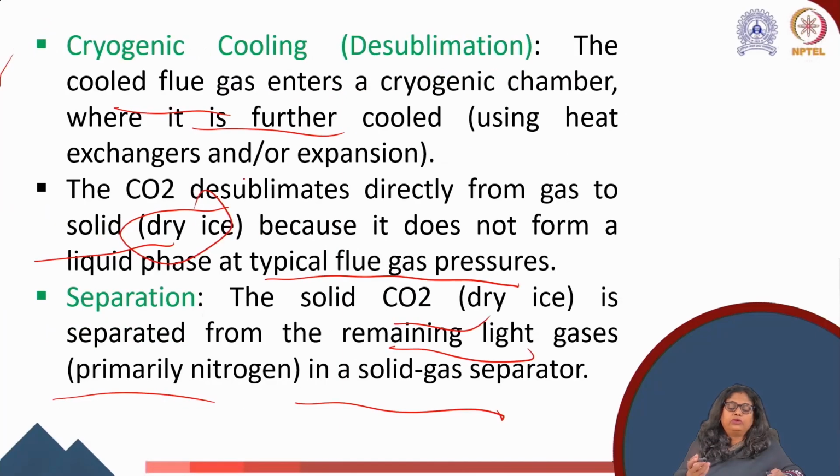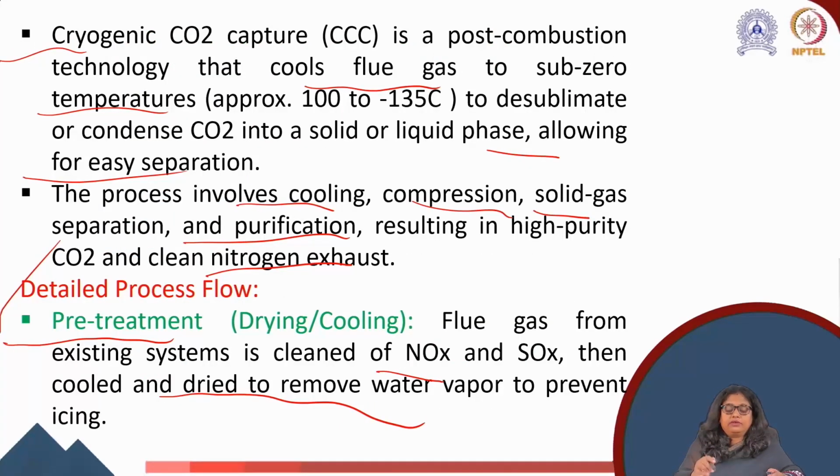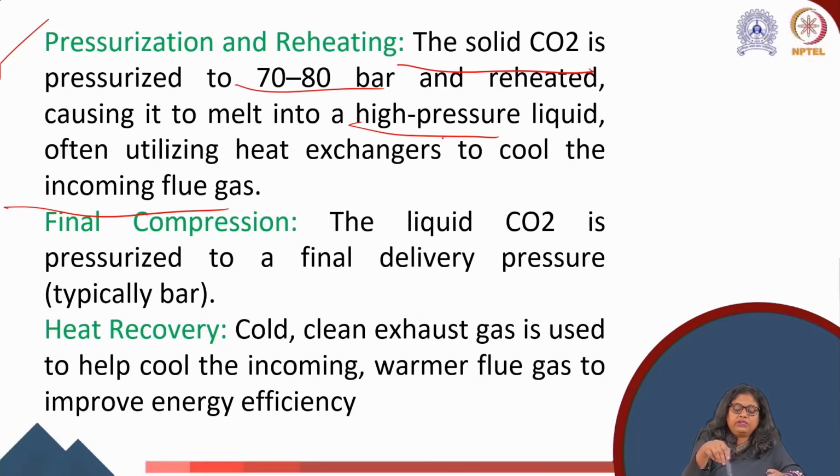Because this technology requires us to cool the flue gas to sub-zero temperature, the heat exchange takes place here, exchanging heat with the incoming flue gases after the pressurization and reheating operation.